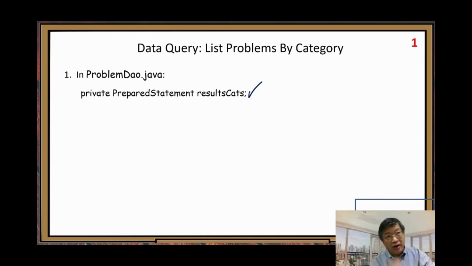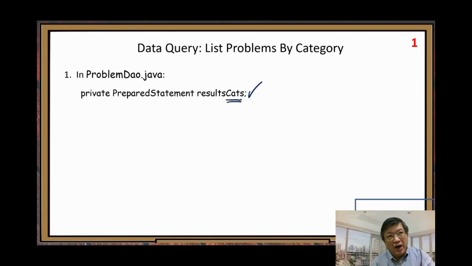We declare an object called results cats. We have a results object before, so that's for the problems for all categories by page, right? We have that version before. Now we add category information.